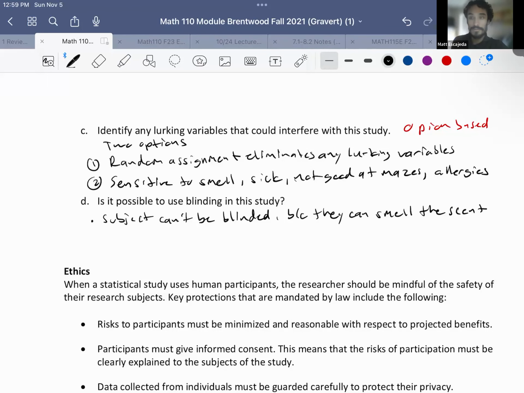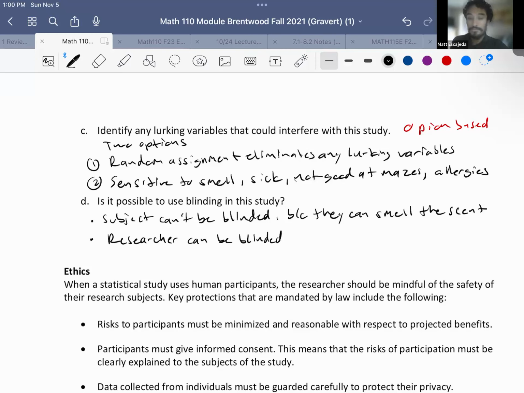Okay. And so the participants can't be blinded, but the researcher can be blinded. The researcher could be blinded.